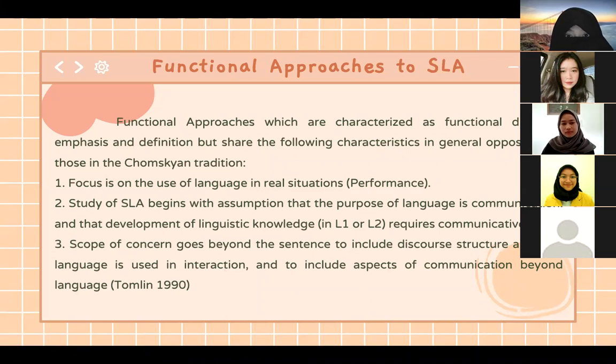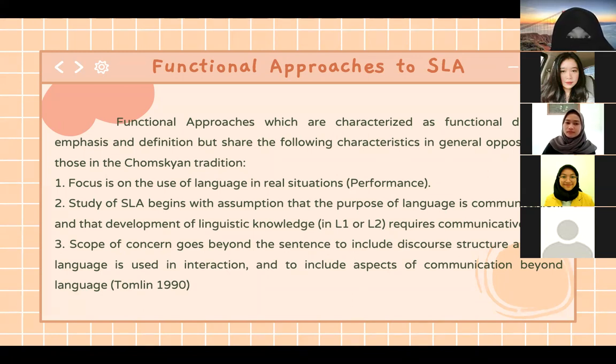Study of SLA begins with assumption that the purpose of language is communication, and that development of linguistic knowledge in first language or second language requires communicative use. 3. Scope of concern goes beyond the sentence to include discourse structure and how language is used in interaction, and to include aspects of communication beyond language.